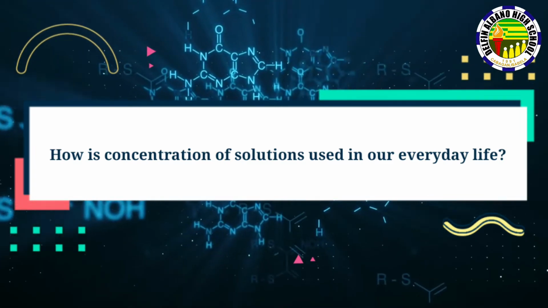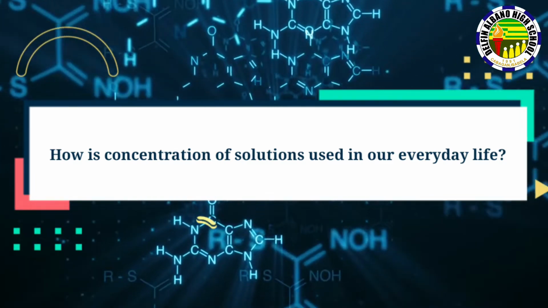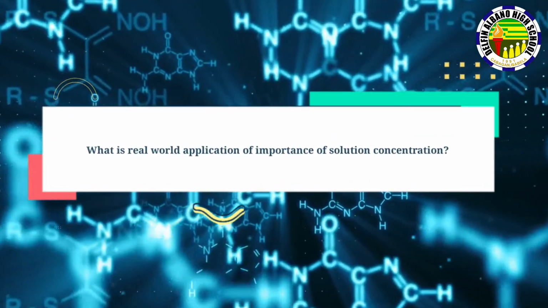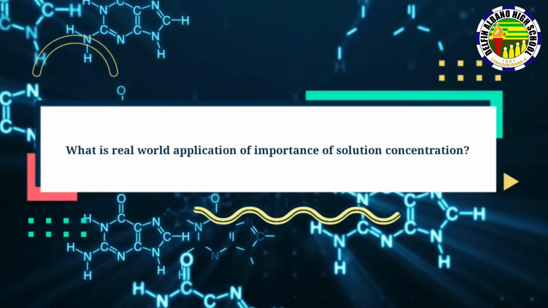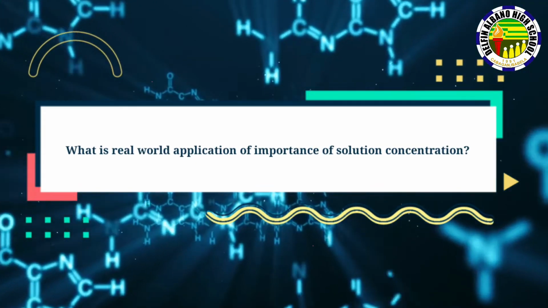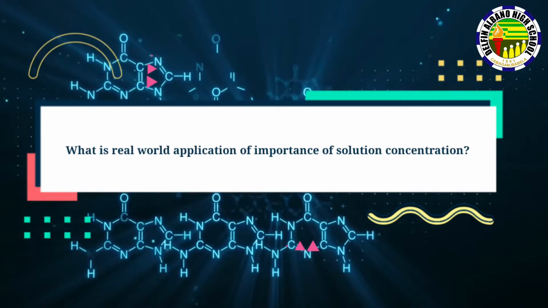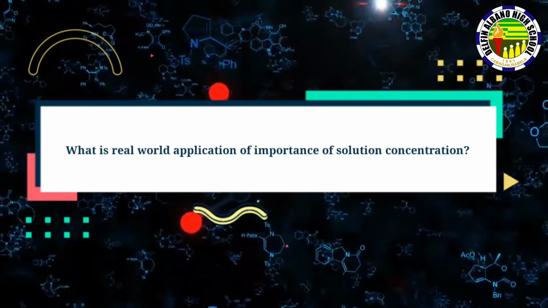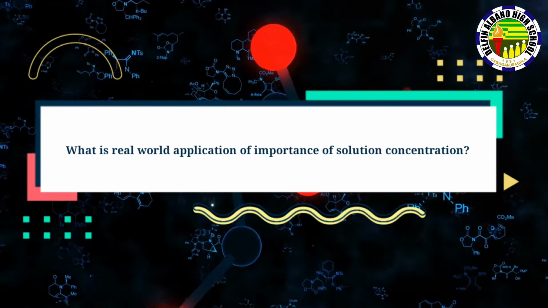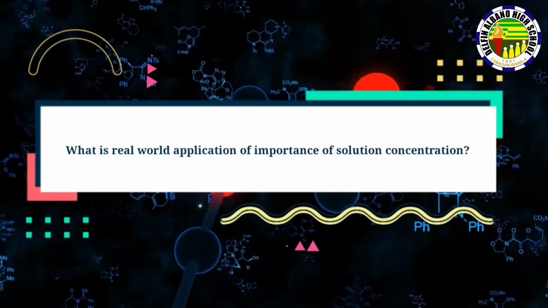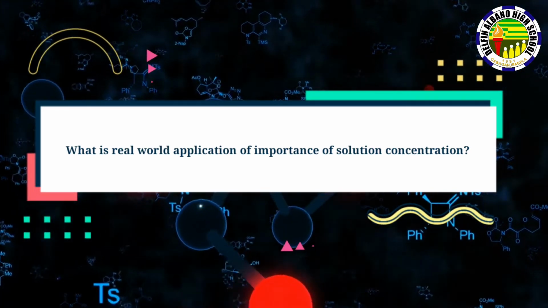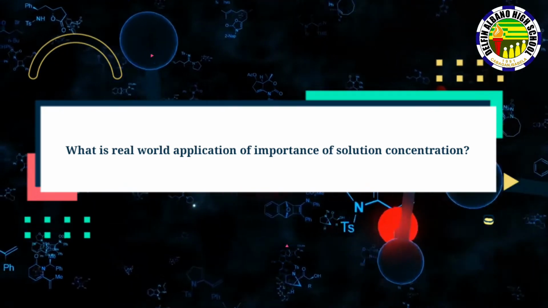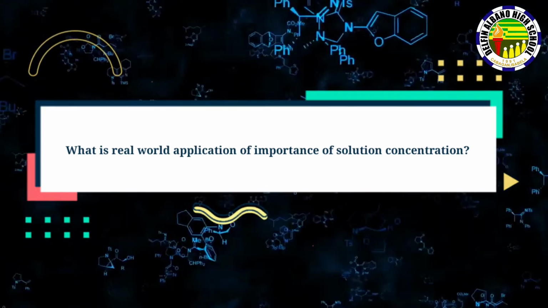Most of our household chemicals are solutions. Second, what is the real-world application of the importance of solution concentration? The concentration of a solute is very important in studying chemical reactions because it determines how often molecules collide in solution and thus indirectly determines the rates of reaction and the conditions at equilibrium.